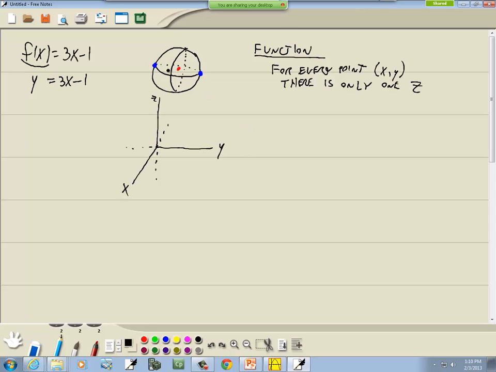Pretending that this point over here is 0, negative 3, and this one over here is 0, 3, again these are x and y, you see how the z values are the same. Now that's what that definition is saying.